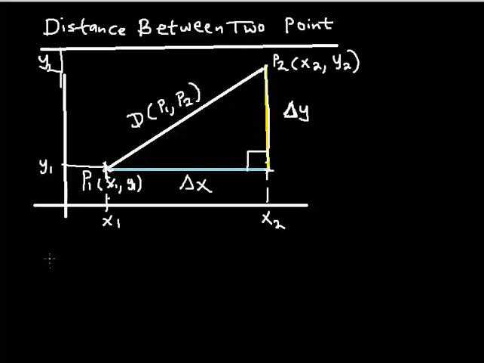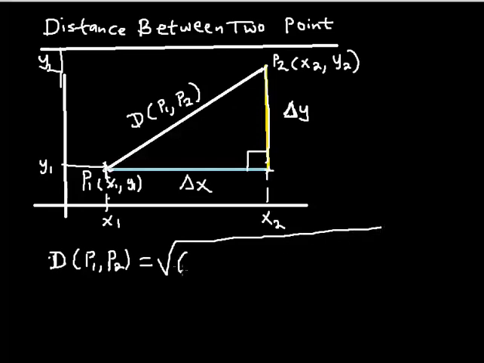All right, now by Pythagoras theorem, if I want to get the distance of the line that joins P1 and P2, it is simple. I'll do the square root of my adjacent, which is my delta x, squared, plus the square of my vertical or y increment.